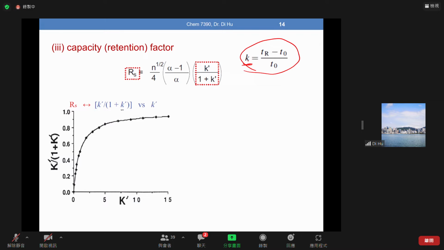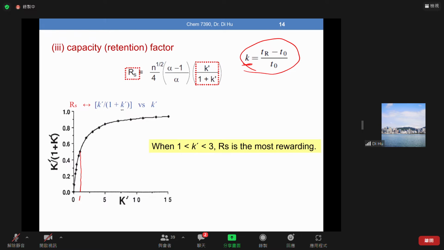So let's see when we have different k values. When the k value is equal to 1, that is 1 over 2, so that is 0.5.